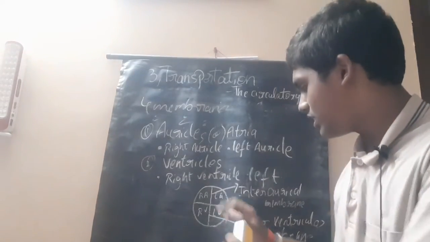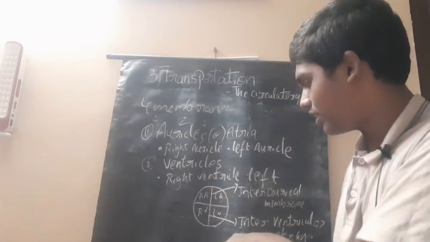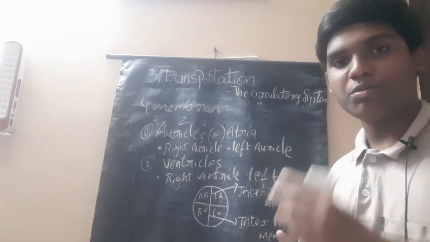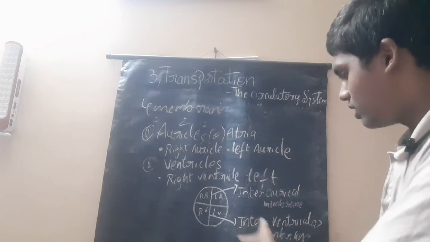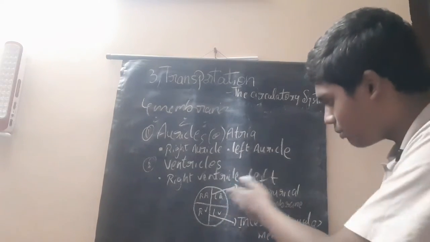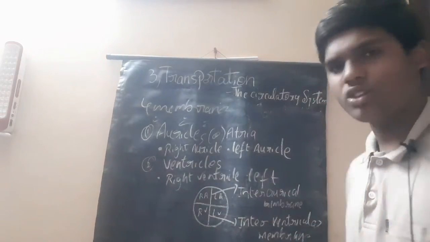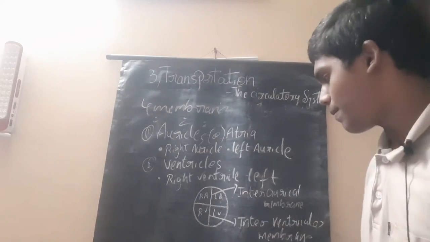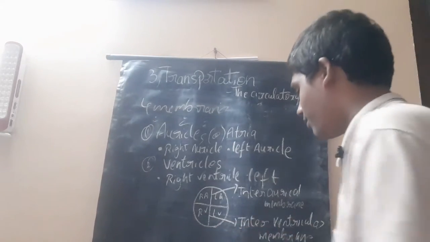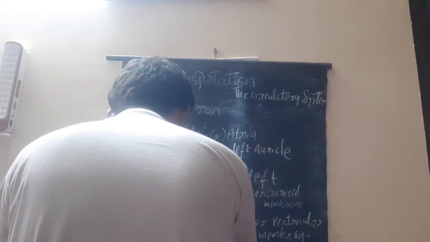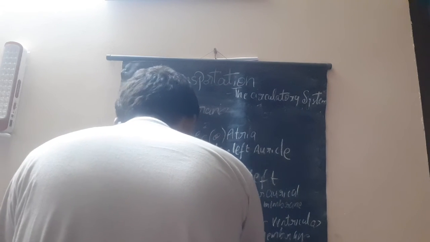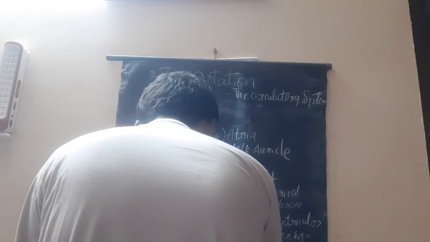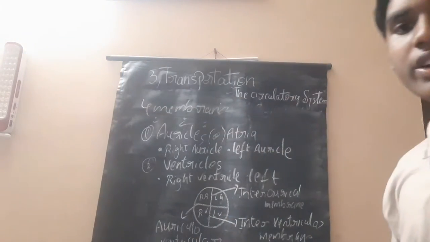Before discussing which divides the right auricle and right ventricle, let us discuss which membrane divides the upper chamber and lower chamber, as auricles and ventricles. These two divide each chamber into two parts, but which divides the total upper chamber from the lower chamber? This line, this membrane, is called the auriculoventricular membrane.